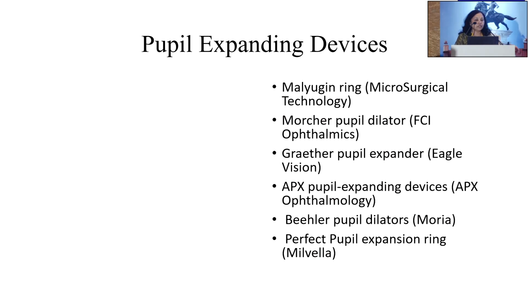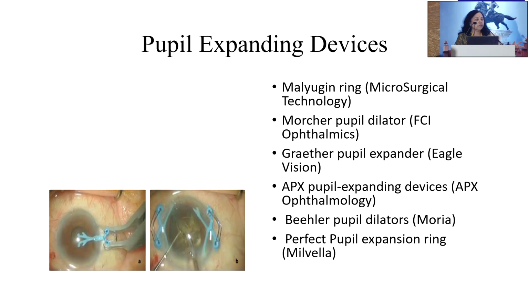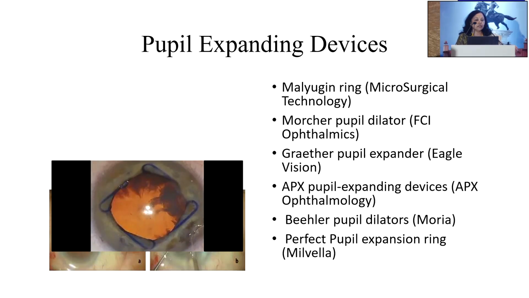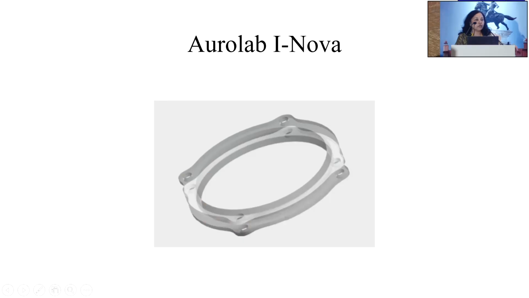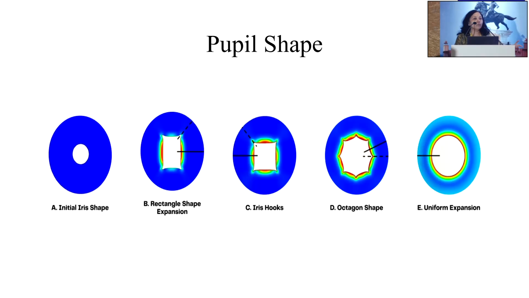These are some of the expanders he was talking about, and the Malyugin ring is something most of you have used. This is a ring from Innova which has come out. And this is how your pupil size looks with different types of iris hooks or expanders. Once this is achieved, your phaco is fine.